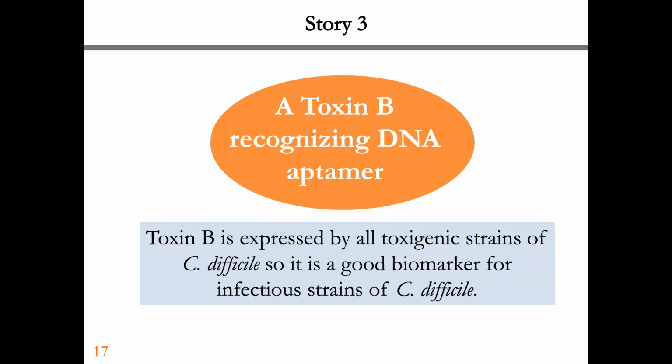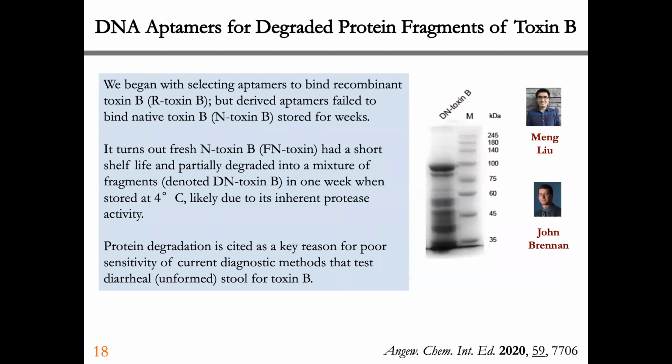Now, the last story I want to tell you is a recent work we just published this year. We aimed to isolate DNA aptamers for toxin B, and toxin B is expressed by all toxigenic strains of C. difficile. So it is a good biomarker for the infectious strains of C. diff. And this is an interesting story.